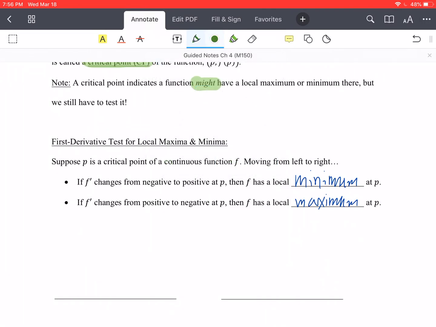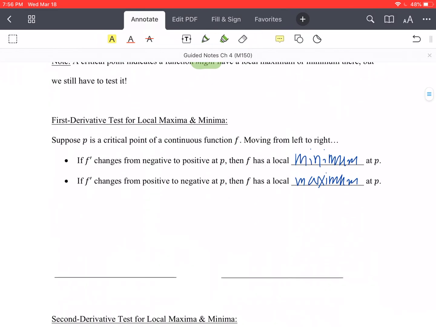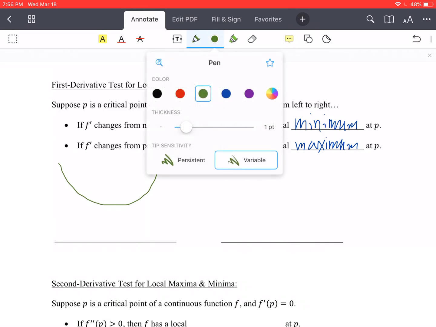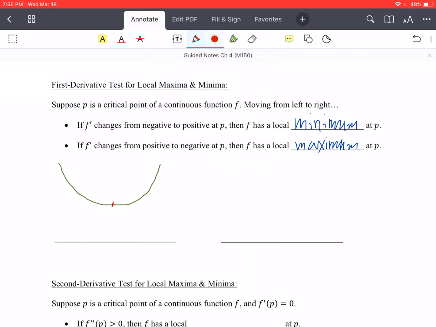Okay, so let's see what this looks like here. Here we have an example of a minimum. So local min would be right here.